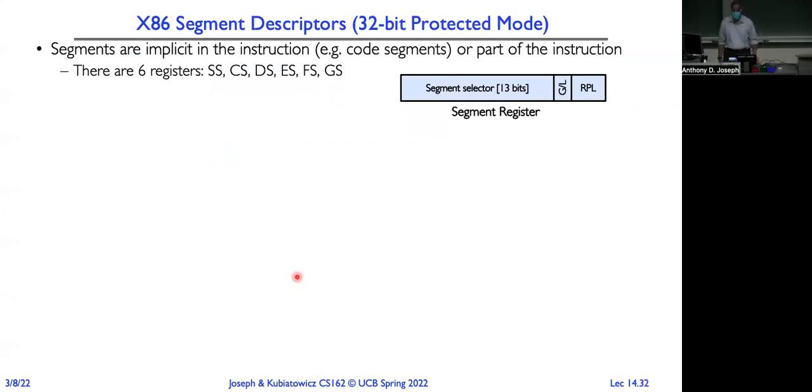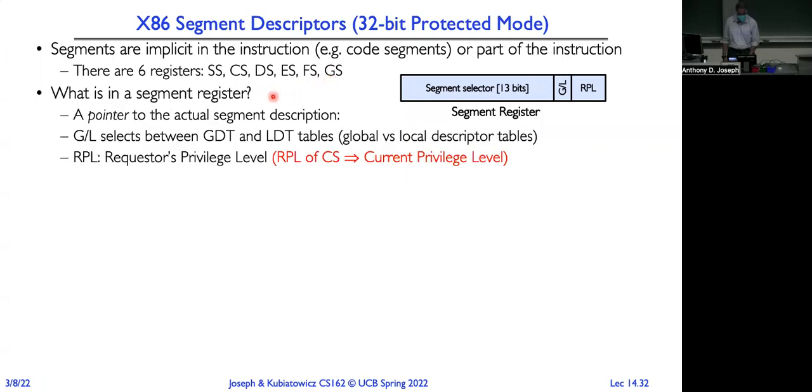Okay, so here's an example in x86 for 32-bit addresses. Segments are either implicit in the instruction, or they come from the address. There are 6 segment registers: stack segment, code segment, data segment, extra segment, and then the F and G segments. The segment register is just a pointer to this segment descriptor.